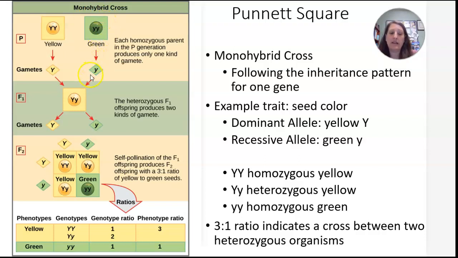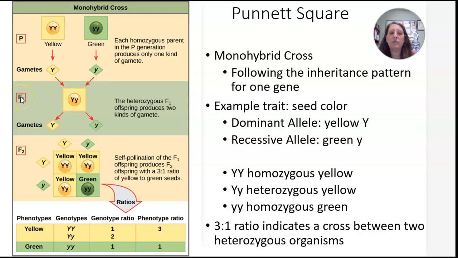When a gamete containing big Y and a gamete containing little y come together, they will form heterozygotes. So all of the offspring from this cross will be big Y, little y. That would be their genotype. Their phenotype is that they would all produce yellow seeds. Hopefully that makes sense so far.